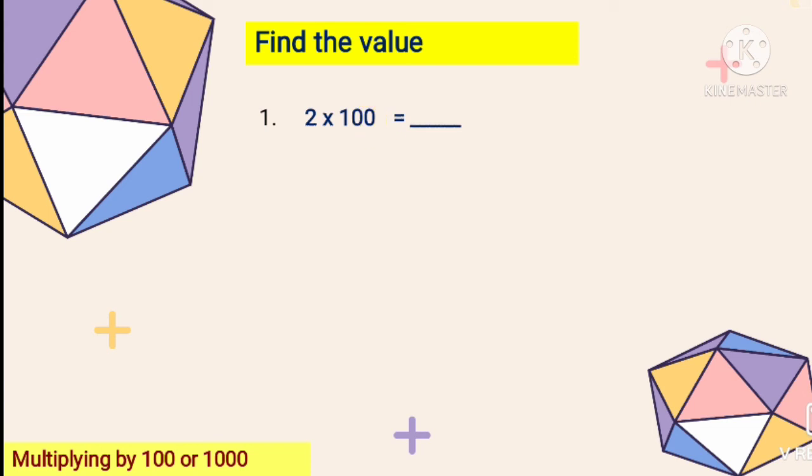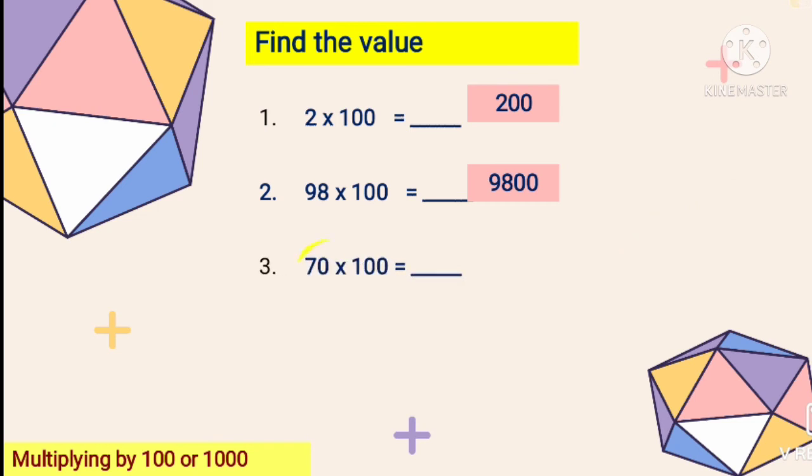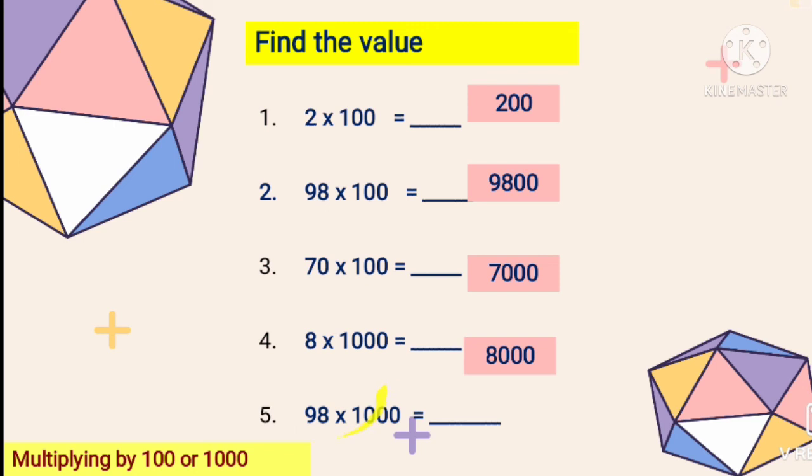Correct, you add with 2 zeros because 100 has 2 zeros, so it becomes 200. 98 times 100, so you write down 98, you add with 2 zeros, becoming 9,800. 70 times 100, so you write down 70, you add with 2 zeros, becoming 7,000. 8 times 1000, you write down 8, add with 3 zeros, becoming 8,000. 98 times 1,000, you just write down 98 and add with how many zeros? 3, so it becomes 98,000.